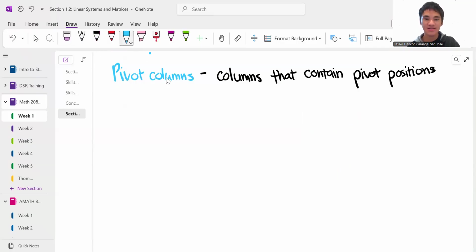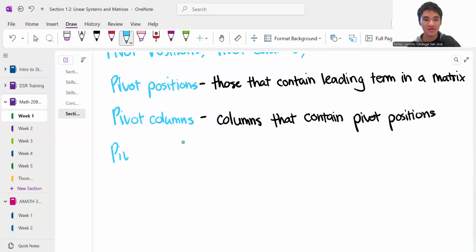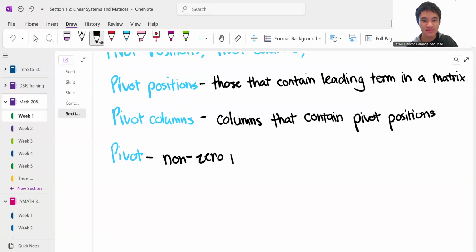And lastly, let's talk about the actual pivot. The actual pivot is the number. To be more specific, it's a non-zero number located in the pivot position.